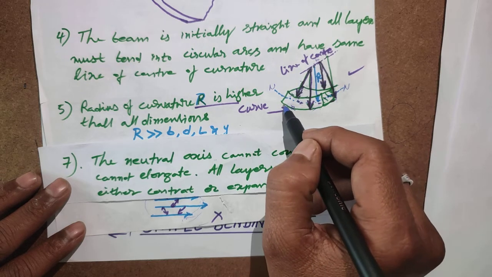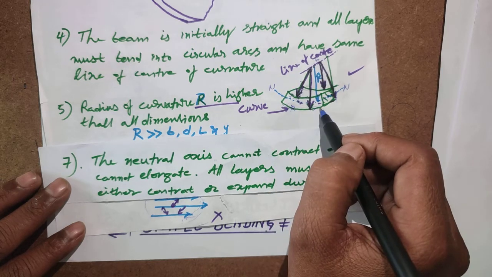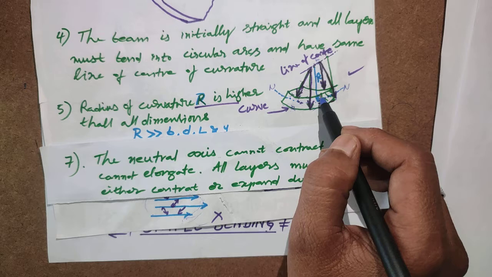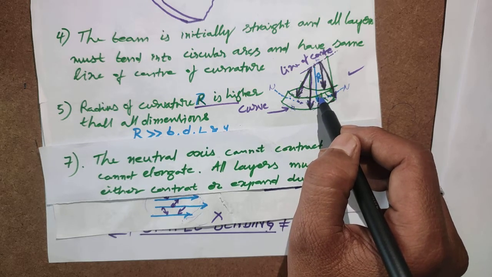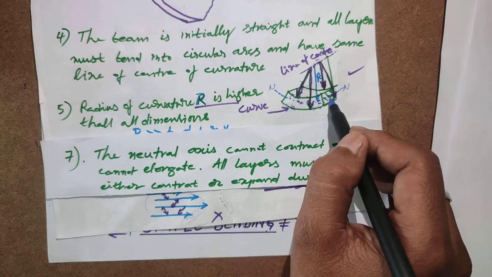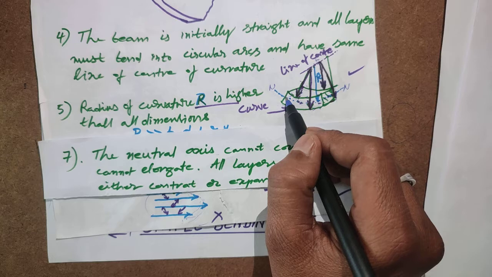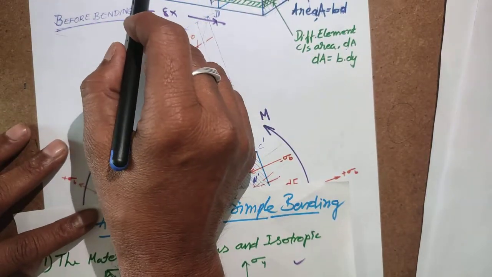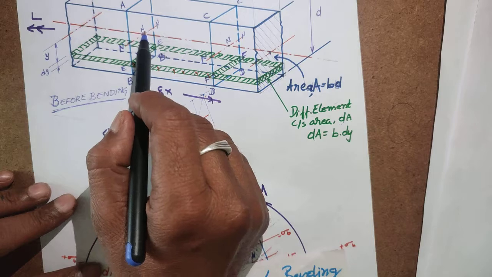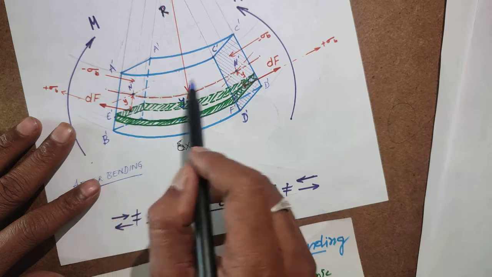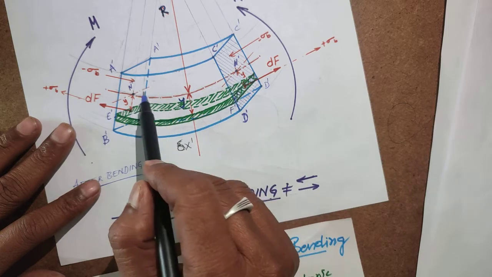The bottom layer will expand, subjected to tensile stress, and the top layers will contract, subjected to compressive stress. The neutral axis cannot elongate or contract. Its length remains the same before and after bending. So this is the length of the neutral axis, n here. After bending it is also n dash, the same length.